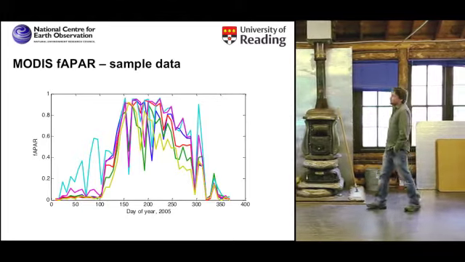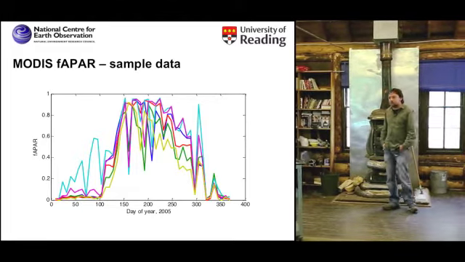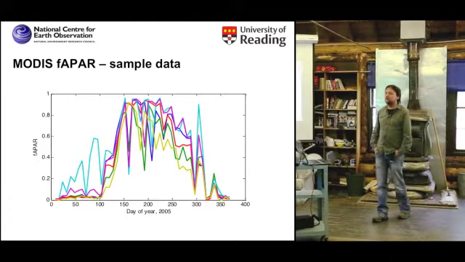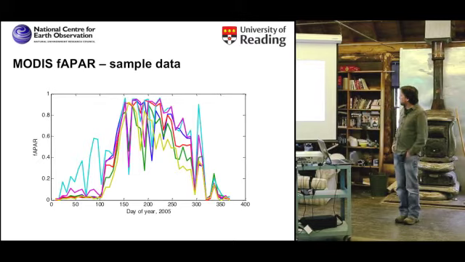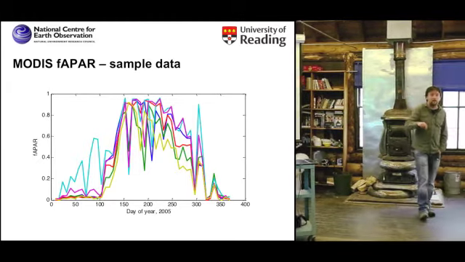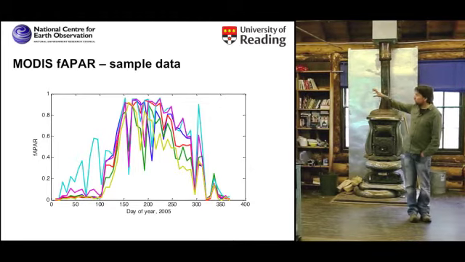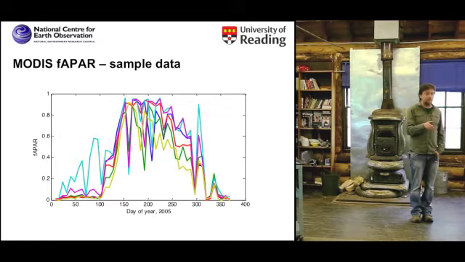Dave and I were doing some work about 4 years ago or so, and we noticed that there's a really strong correlation between the seasonality in the forests around here, as observed by the MODIS LAI and FAPAR product, and the timing of snow melt.